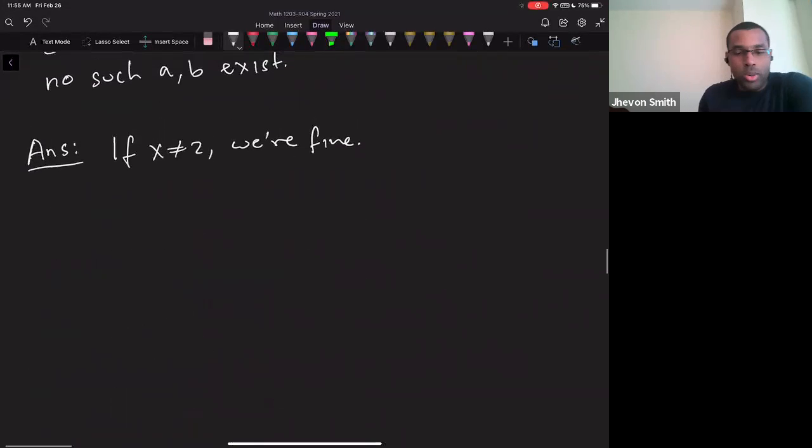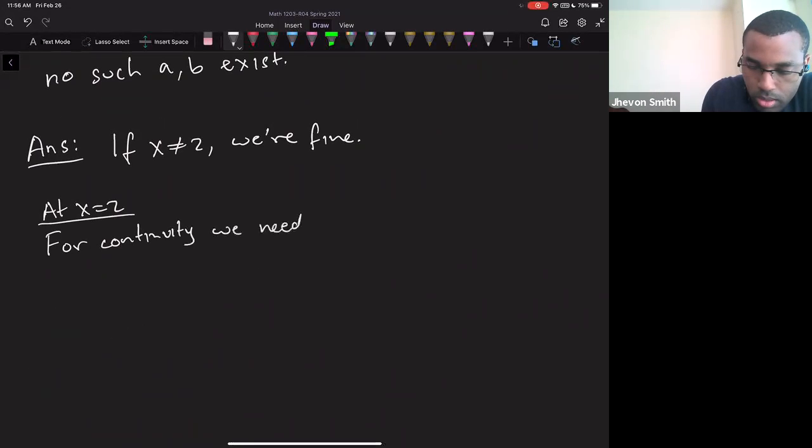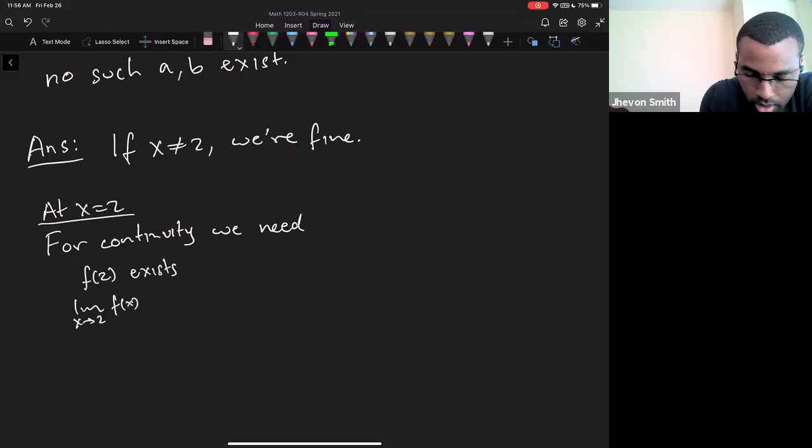So at 2, for continuity, we need f of 2 to exist, the limit as x approaches 2 of f of x to be defined, and both values equal, right?